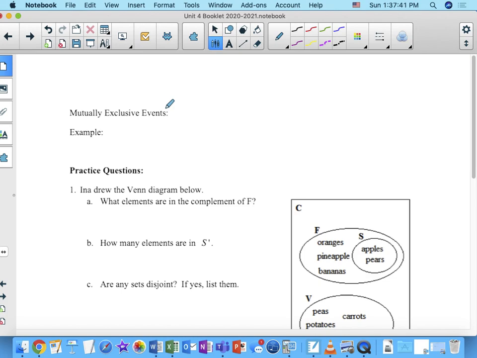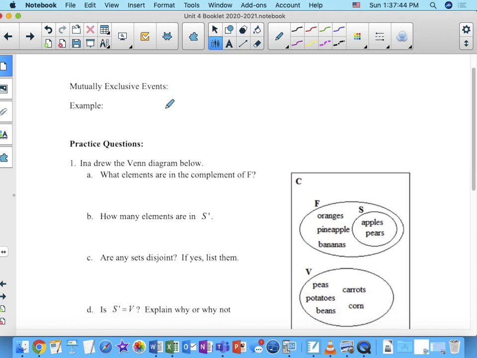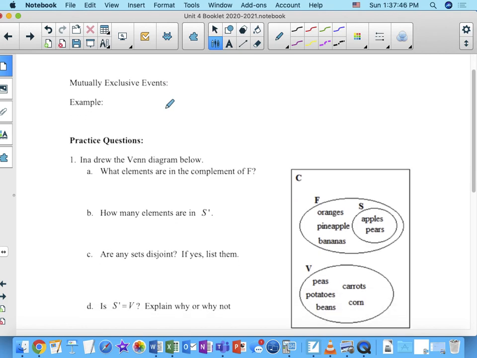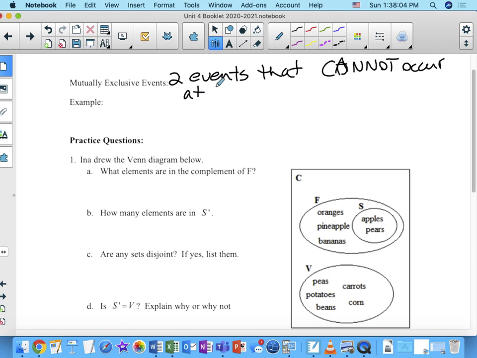Okay, so mutually exclusive events are two events that cannot occur at the same time. Okay, so an example of two events that cannot occur at the same time would be Canada Day and Christmas.